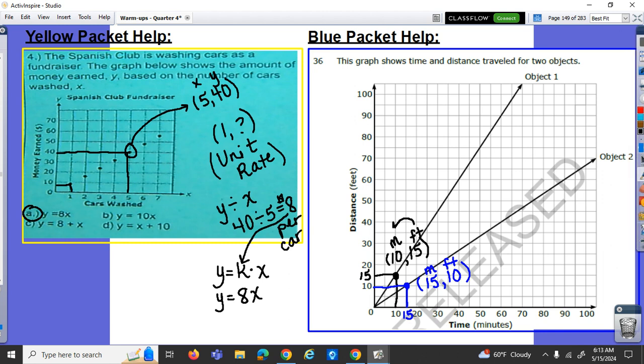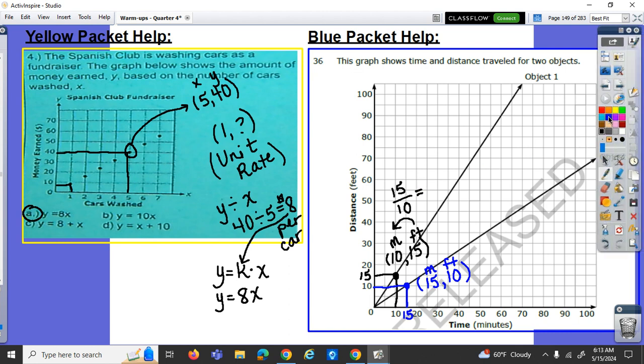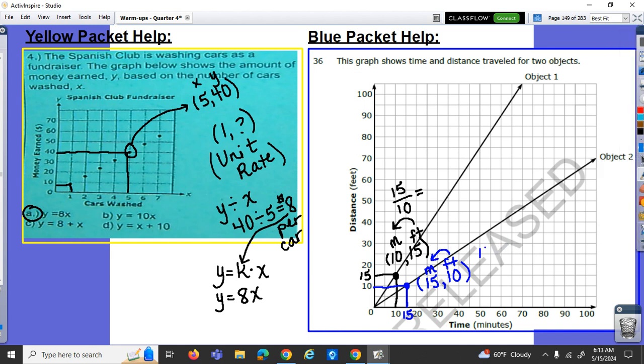Feet per minute for this one would be 15 divided by 10. And this one, 10 divided by 15. Okay, think about what you might need to do from there, and we'll check in again and see if we can figure it out.